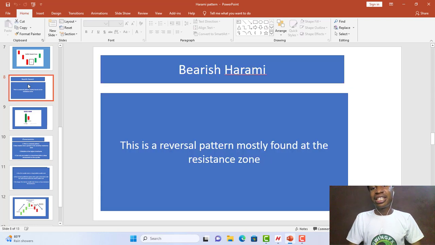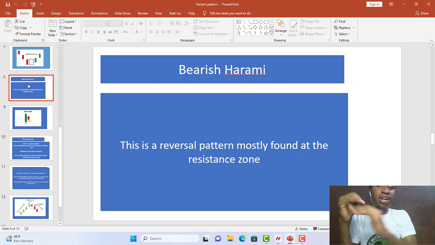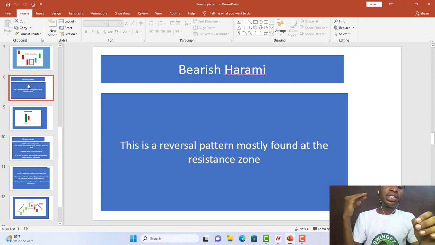Then we move to the next one before we spot it on the chart, which is the bearish Harami pattern. This is a reversal pattern mostly found at the resistance zone. I have my reasons for using the resistance zone because that's the way most of us have been using it. But I also show you another pattern just like the bullish Harami before spotting it on the chart.